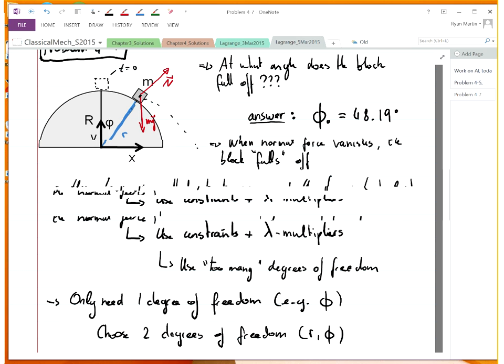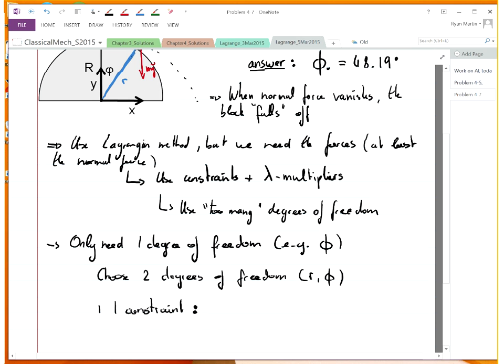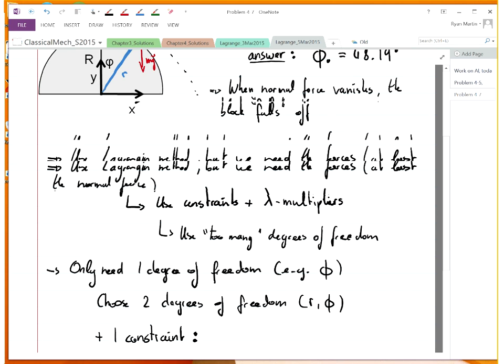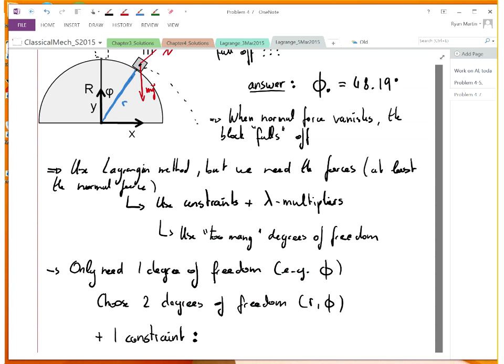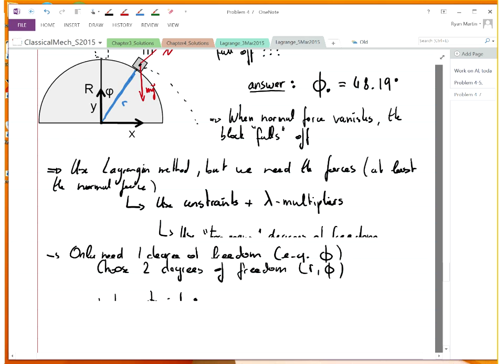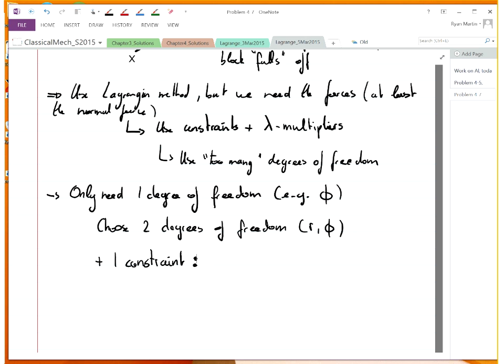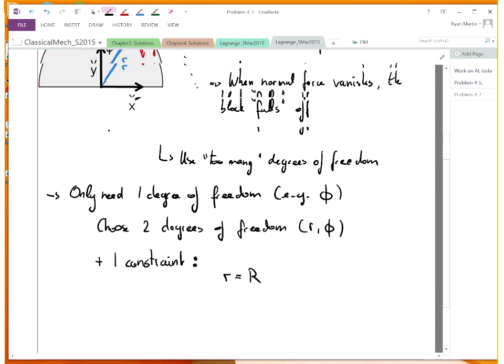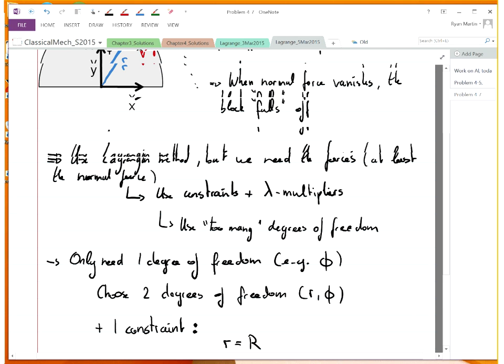Well, in this case, it might be trivially obvious what the constraint equation is, but too trivial to be obvious. We added in this degree of freedom r, but the block is constrained to be on the hemisphere, right? So r is basically a constant. So we have the constraint that lowercase r must be equal to uppercase R, which is the radius of the hemisphere.